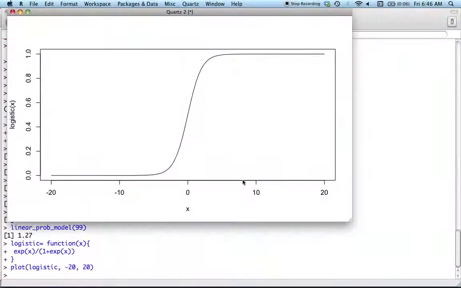20. Okay. So basically what we end up getting here is what's called a sigmoid or S-shaped curve. And this S-shaped curve has a very desirable property that we want to take note of, which is that as it goes to negative infinity, it approaches 0, and as it approaches positive infinity, it goes to 1, but never gets there.